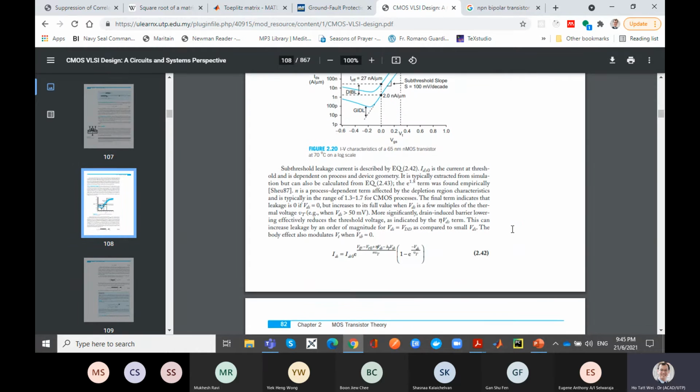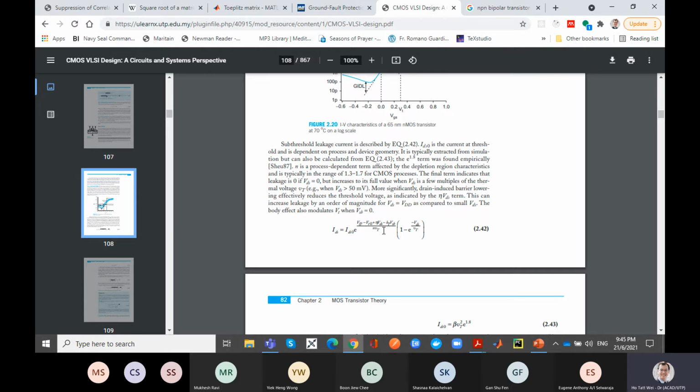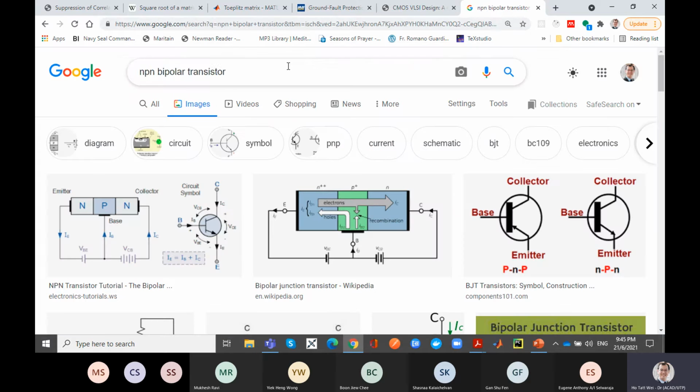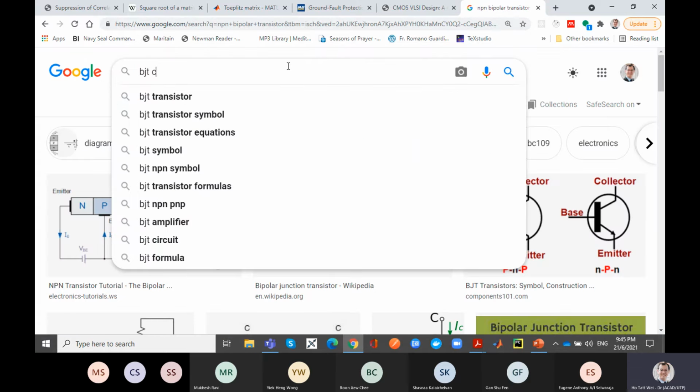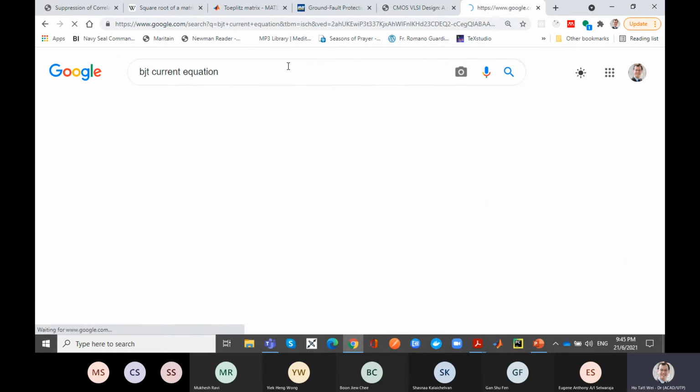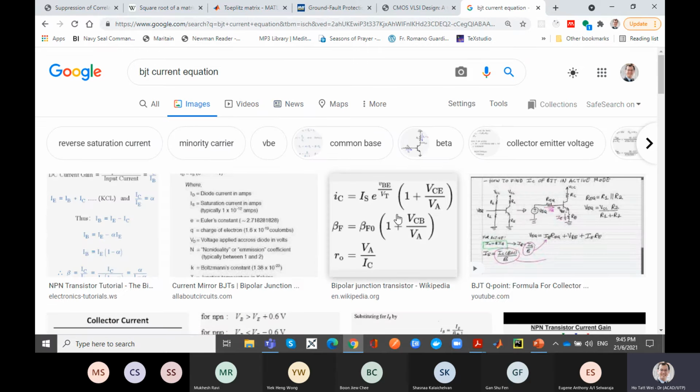If you stare at this equation here, and then you go for the BJT, this is the BJT collector current equation, and this is called the saturation current.